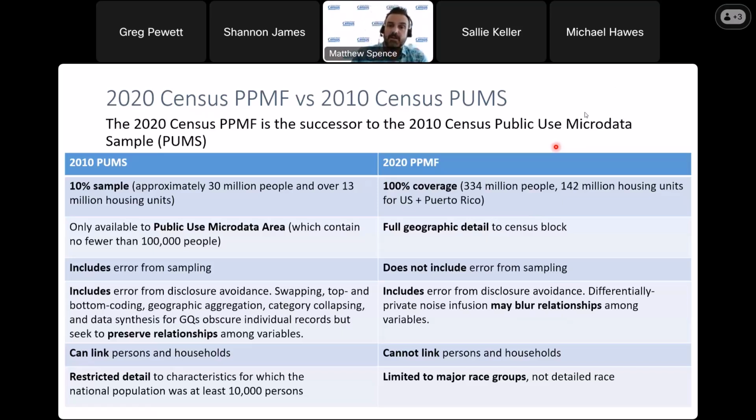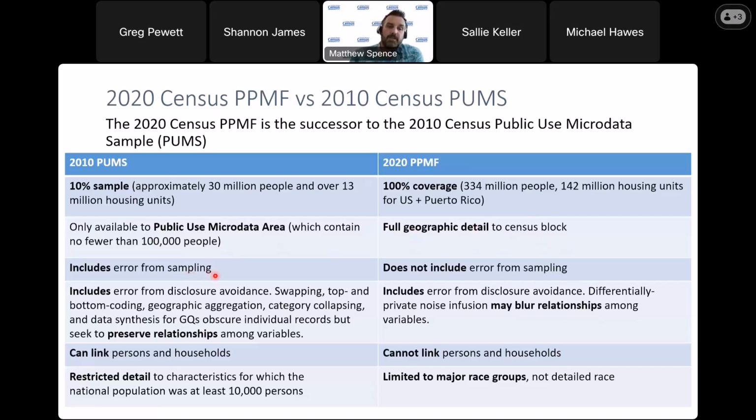On the left, for the second row, the PUMS only tabulates to public use microdata areas, which contain no fewer than 100,000 people. These are frequently based at the county level, or they can be pieces of counties, but they are geographic aggregates. They're not available all the way down to the census block like the PPMF. The PPMF is available all the way down to the census block, so you can create unique tabulations down there.